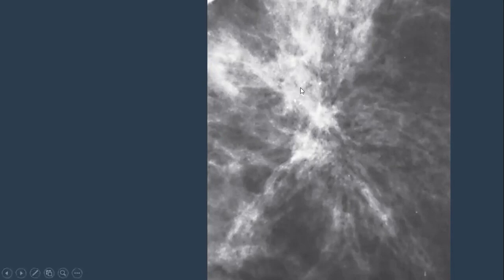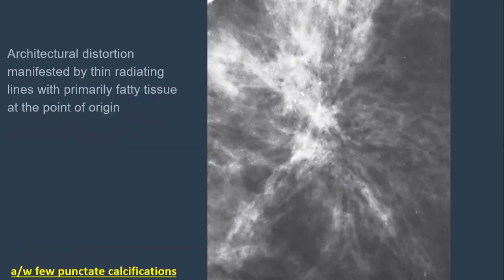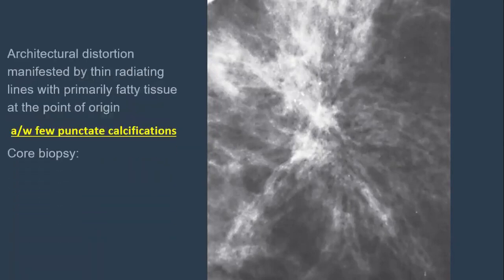What about these densities? There is asymmetry and calcifications. And they mentioned that it was a radial scar, or biopsy revealed radial scar. So how are you going to put your report?